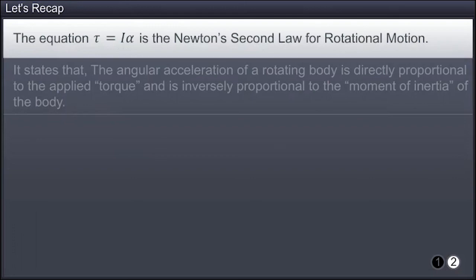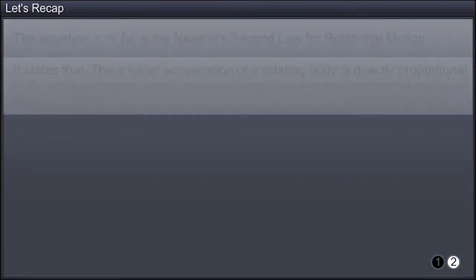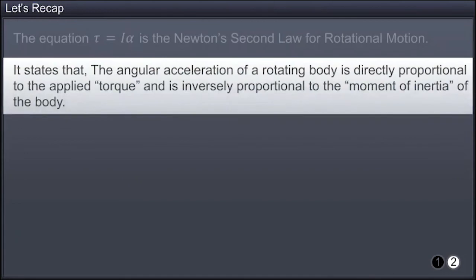The equation tau is equal to I alpha is Newton's second law for rotational motion. It states that the angular acceleration of a rotating body is directly proportional to the applied torque and is inversely proportional to the moment of inertia of the body.